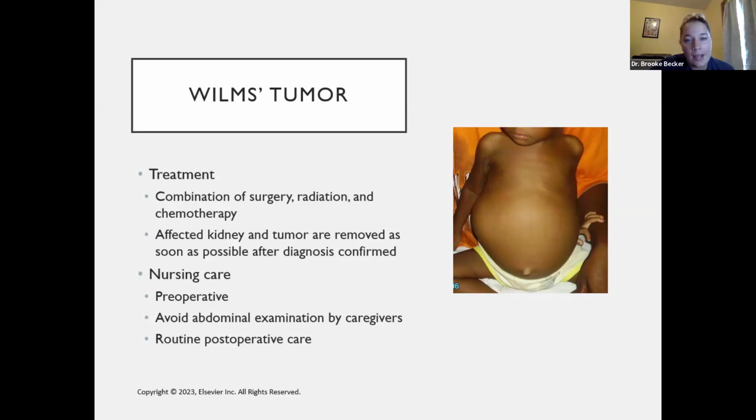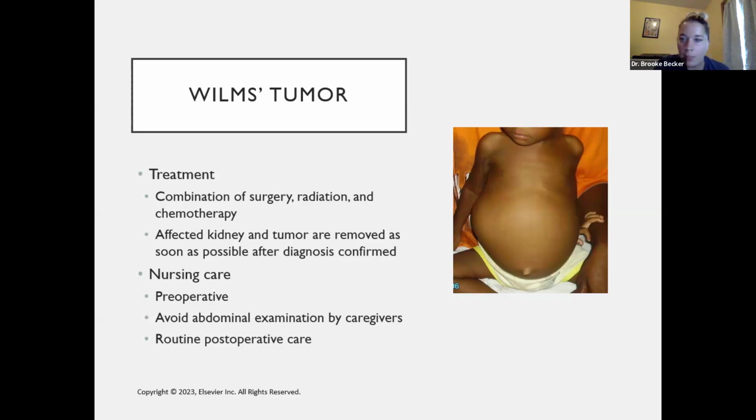So they're going to be having surgery to remove as much of that tumor as possible, and radiation and chemotherapy. This is a combo approach to managing Wilms tumor. A lot of times that kidney and the tumor are removed, and then they do biopsies and things to confirm diagnosis and to help stage that tumor.